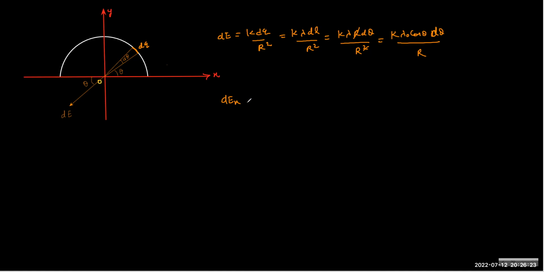Or if you want, you can simply write the dE vector will be dE cos theta minus i cap and dE sin theta minus j cap. All are the possible ways of writing. And then you integrate, and you end up getting the answer.